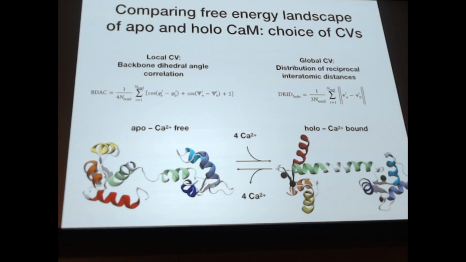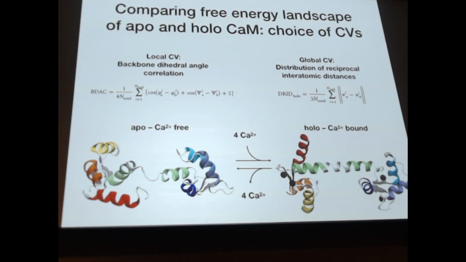We are using, as I mentioned, a method that is collective variable free, but still when we project the free energy landscape, we need to project it onto a set of collective variables. Here we picked 2 collective variables: a local one that is based on the similarity of backbone dihedral angles in the holo structure, and a global CV that is based on the distribution of reciprocal interatomic distances, also to the holo structure.